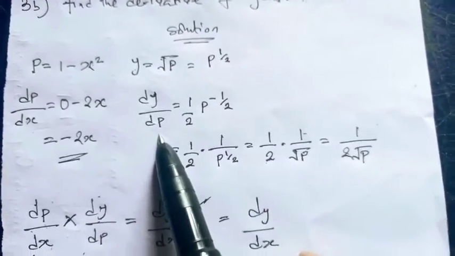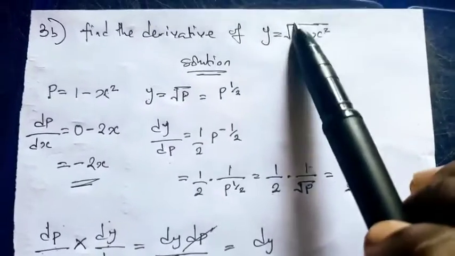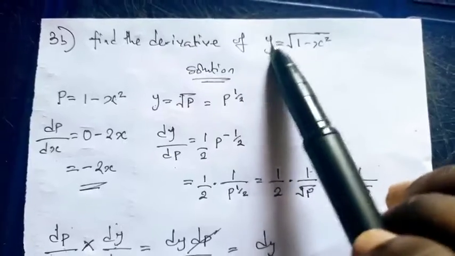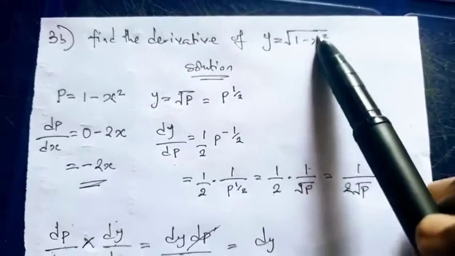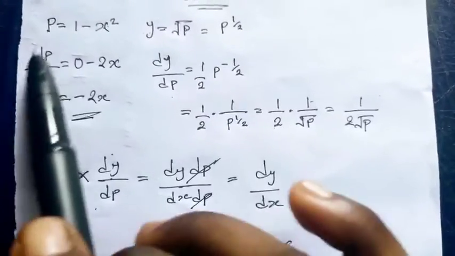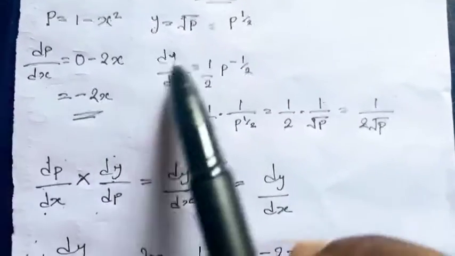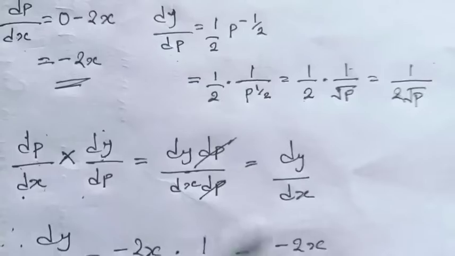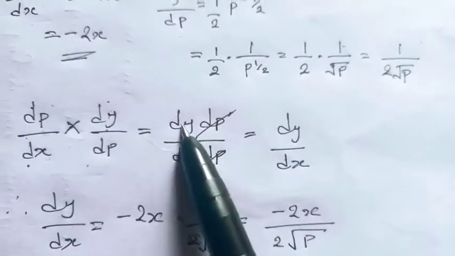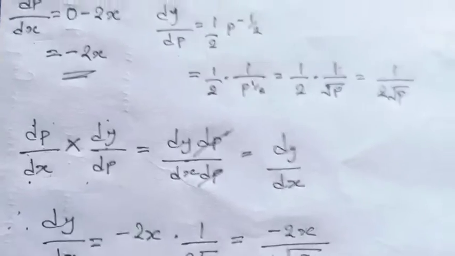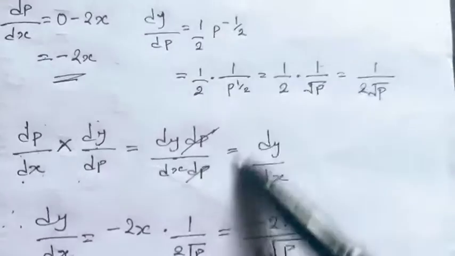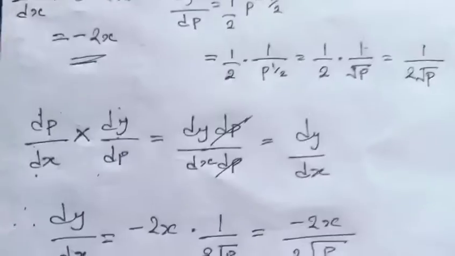But our initial function asks us to look for dy dx, which is differentiate y with respect to x. But we can see that if I multiply dp dx by dy dp, I get my dy dx. When these two cancel out, I'm left with my goal here, which is dy dx.